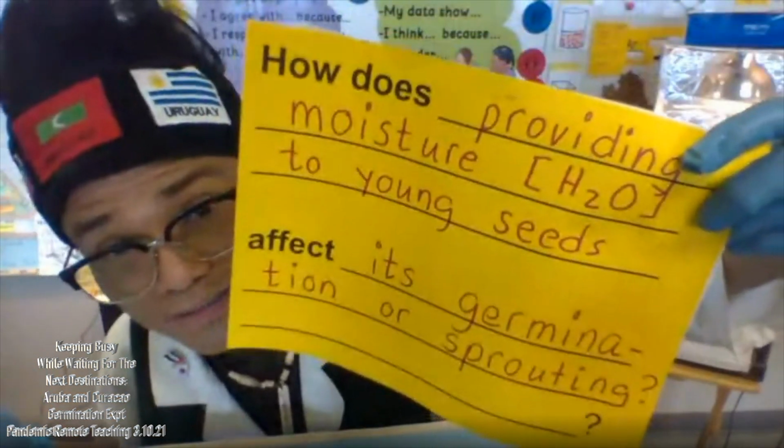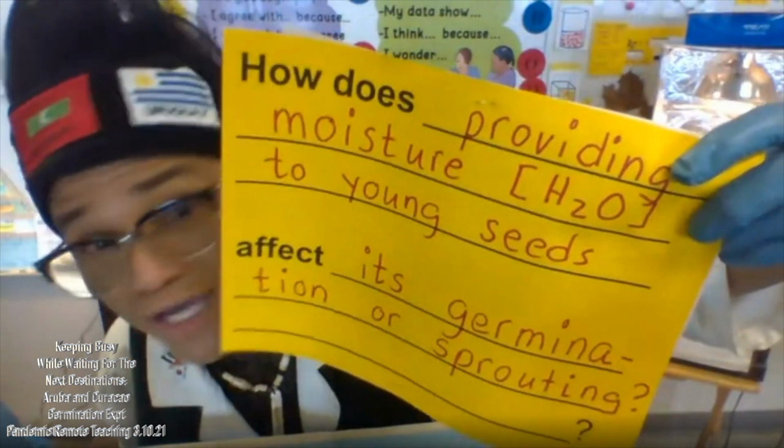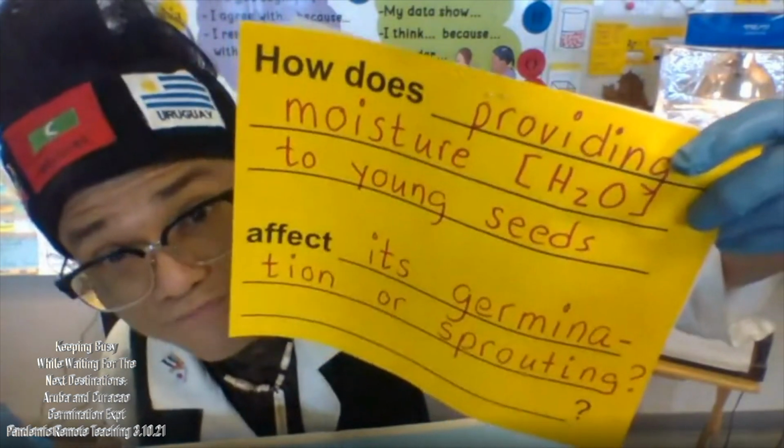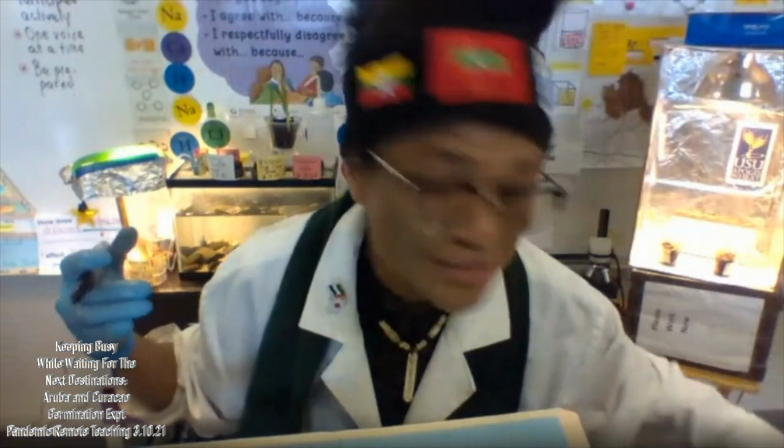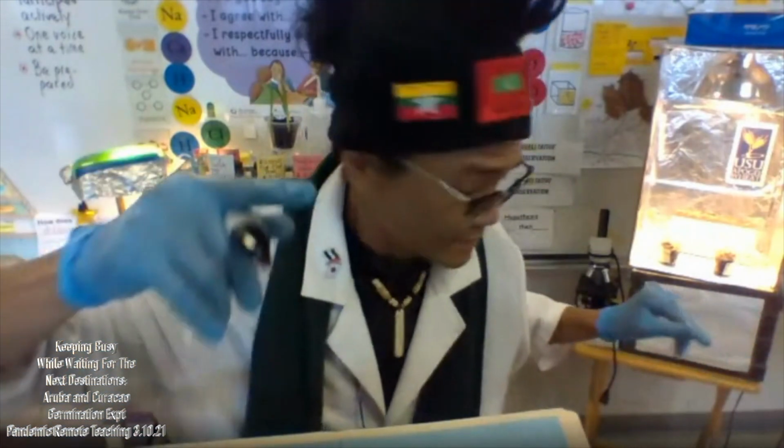Because our main goal today is to know how providing water to young seeds affects germination. And that's the end of the step that I'm going to show you. So bear with me.